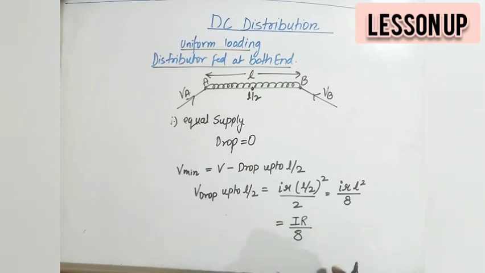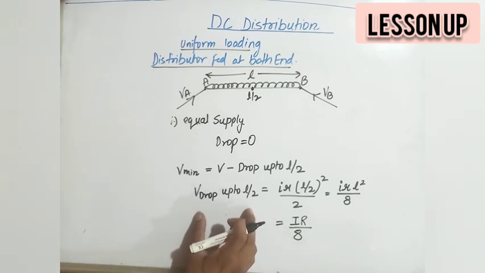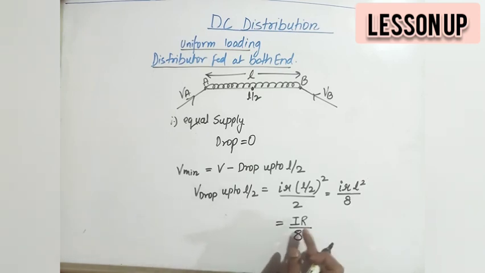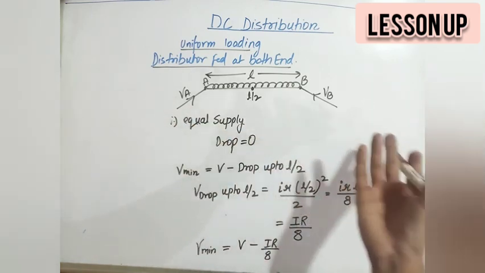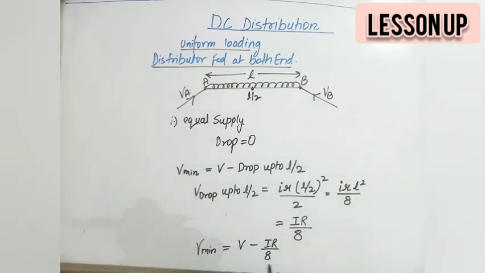So the voltage drop up to L by 2 is I into R divided by 8. V minimum will be equal to V minus I into R divided by 8. This V can be taken as VA or VB because both the supplies are equal.